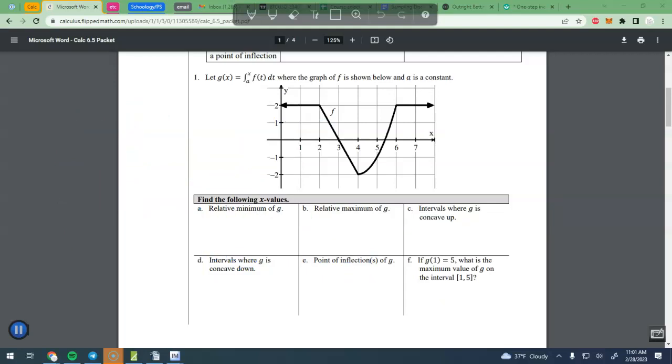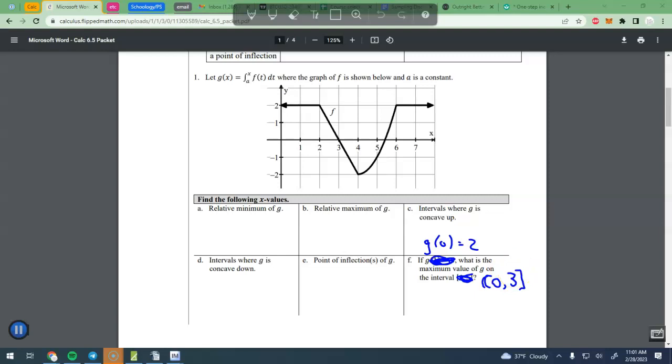Let's say G of 0 equals 2, and change this to 0 to 3.